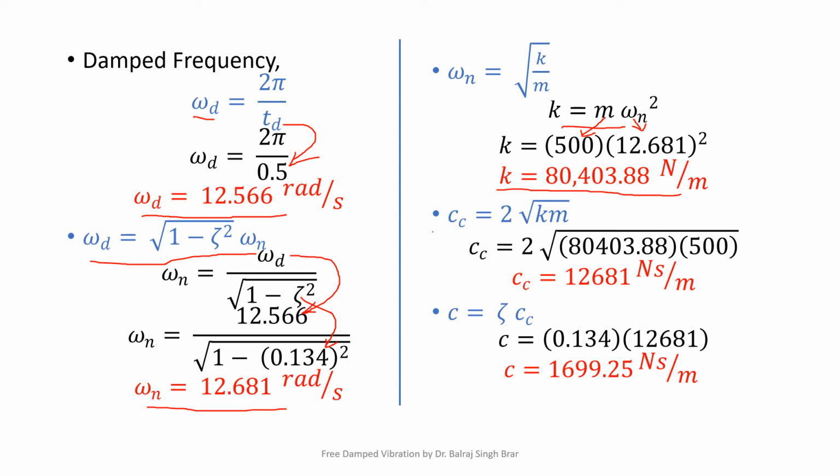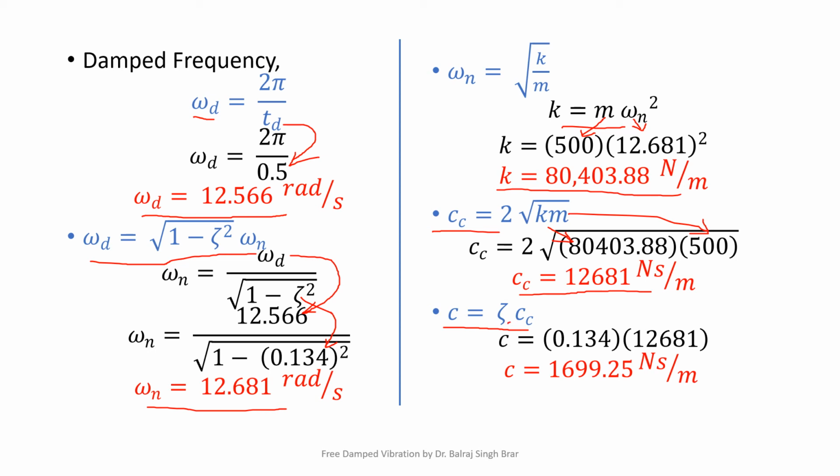Critical damping coefficient is 2 times under root of km. K we have solved, m is given. This becomes 12,681 Newton second per meter. And from the definition of damping ratio, damping coefficient is equal to damping ratio zeta times the critical damping coefficient.